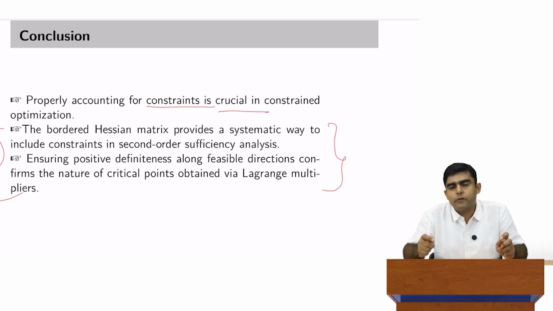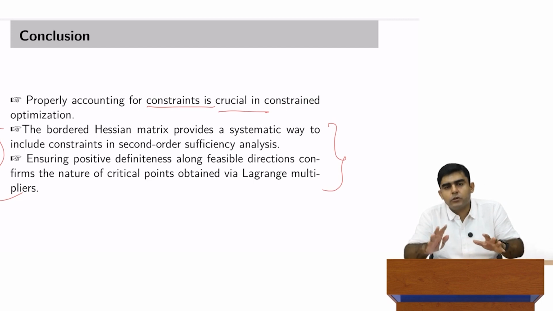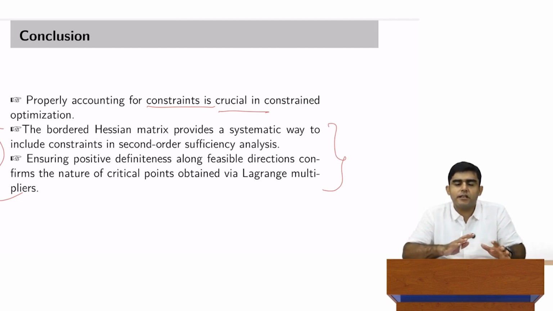But as we go forward, we can go easy on the mathematics of checking for sufficiency every time, and our discussion subsequently would typically revolve around finding the critical points and expressing our constraints and objective function in a way that we do not have to worry about these checking for secondary conditions whenever we meet our primary conditions, but this is what we are going to discuss in our subsequent lectures.